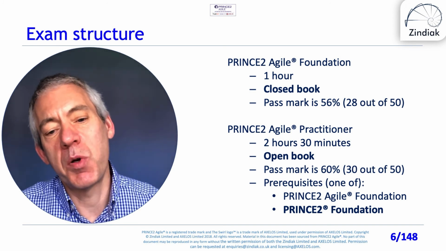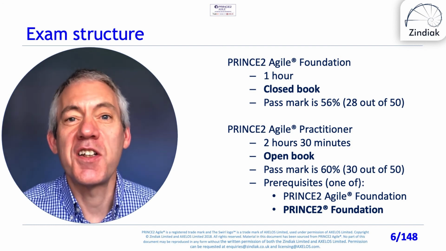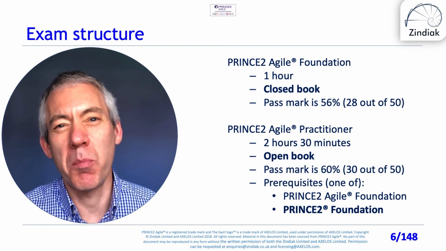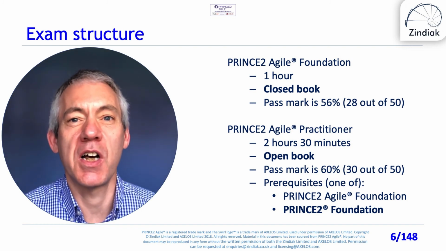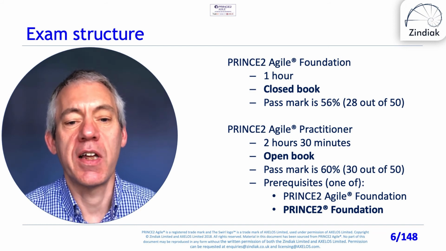So taking the PRINCE2 Foundation, you get 2 certifications to put on your CV, one at foundation level, one at practitioner level. You're also better prepared, I believe, for PRINCE2 Agile Practitioner by taking the PRINCE2 Foundation training course.